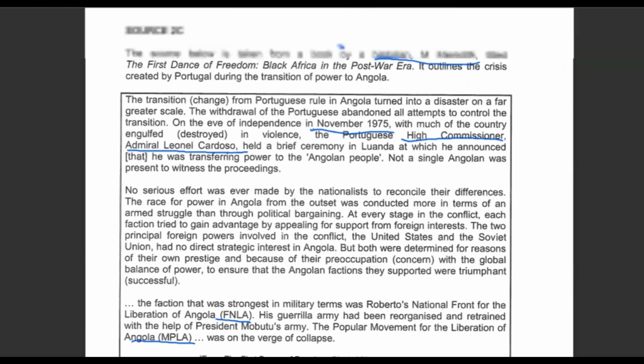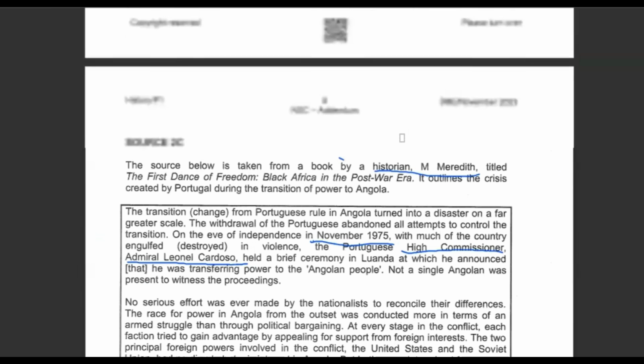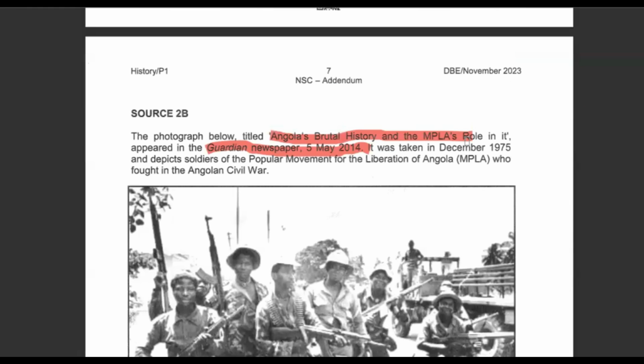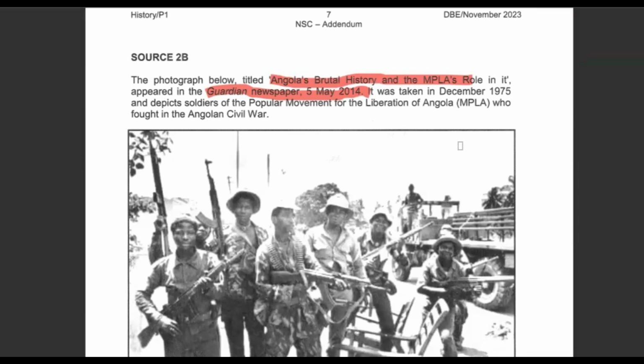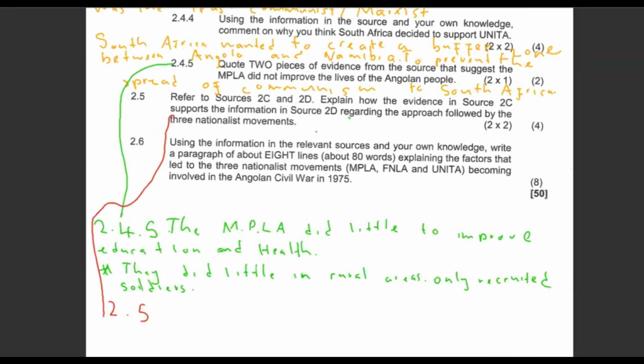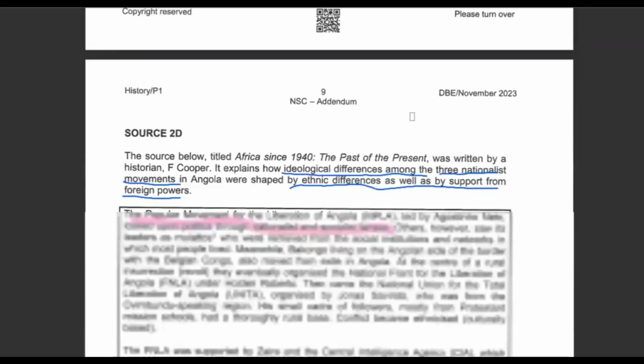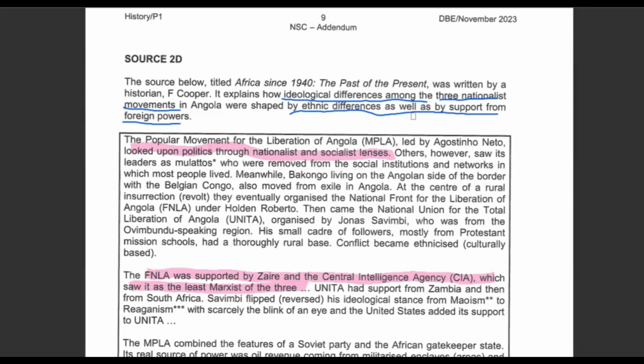The first source is source 2B, where we can see soldiers who are ready for war or for combat. But this one requires us to look at 2C, rather. All right, 2C. Then we also look at 2D.